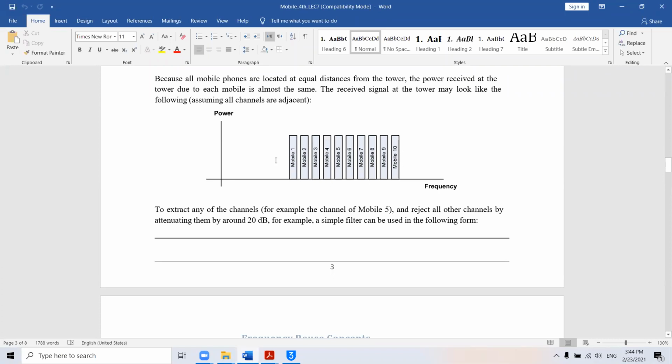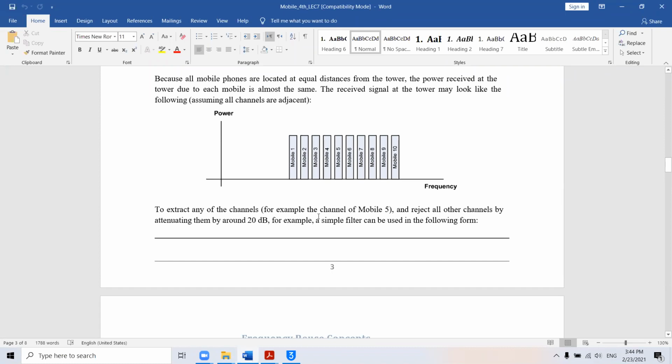We are measuring the same amount of power for all channels, or for all mobiles. Now, assume that we are going to extract mobile 5 and attenuate all the others, rejecting all other channels by around 20 dB.